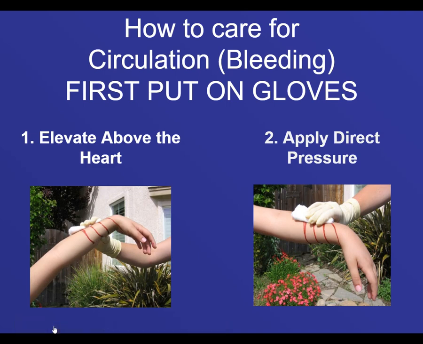How to care for circulation bleeding. First, put on gloves to make sure that you are going to be safe. Then elevate above the heart after you've applied your gloves. Secondly, apply direct pressure.